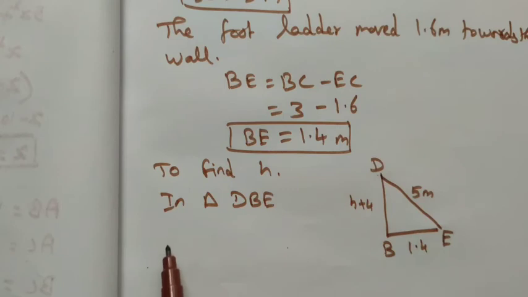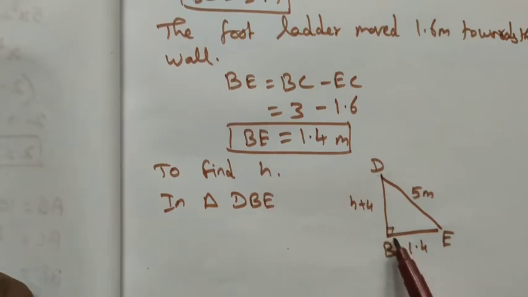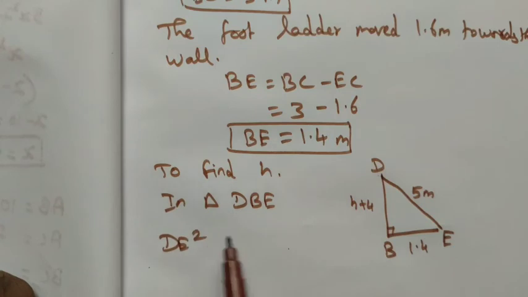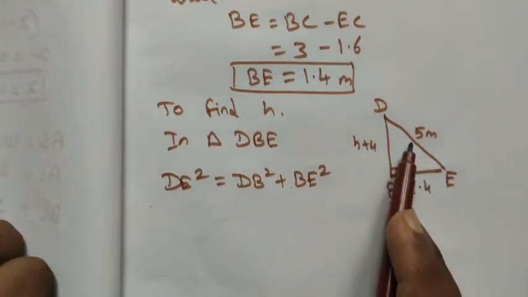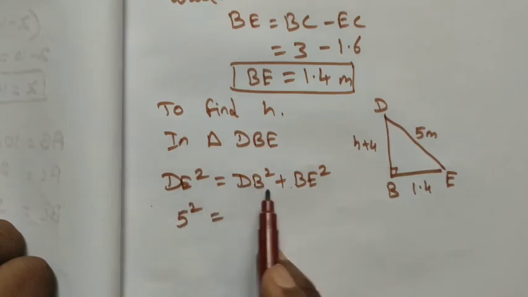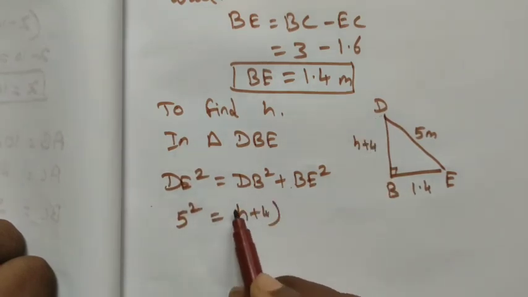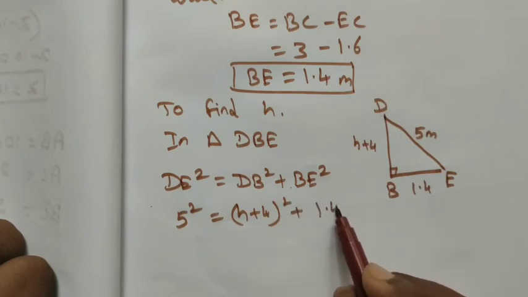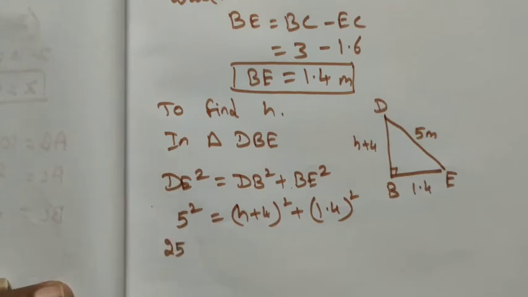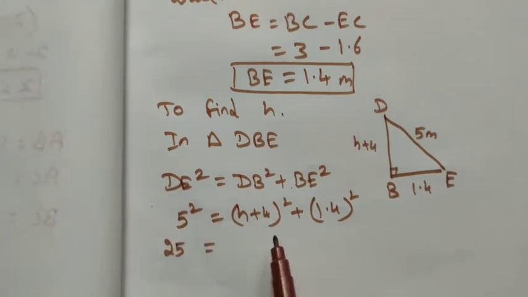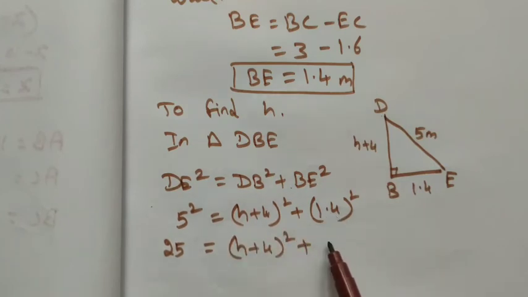So by using the right angle triangle Pythagoras theorem, DE square, the hypotenuse side square, is equal to the sum of the squares of the other two sides, DB square plus BE square. So DE is 5 square is equal to DB, that is H plus 4 whole square, plus BE is equal to 1.4 whole square. So 5 square is 25 is equal to H plus 4 whole square plus 14 into 14 is 196.